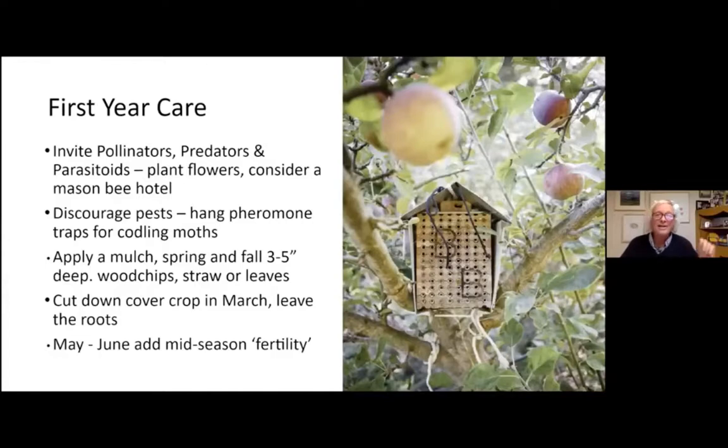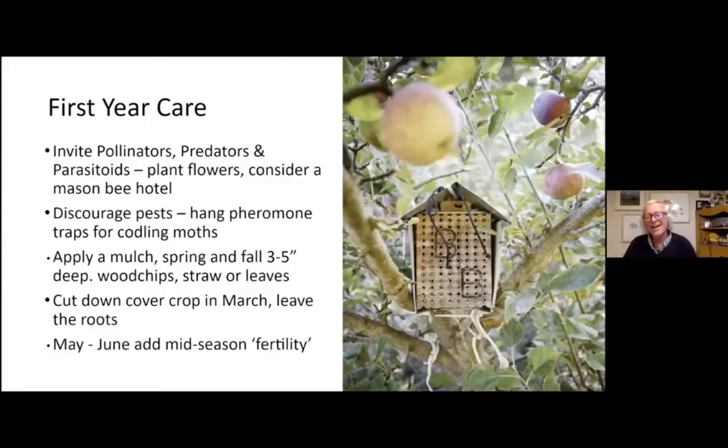It's pollen and nectar, protein and carbohydrates, 2 basic building blocks of any diet. So you can create a lush habitat by planting your yard, your farm, your garden with tiered plantings. You can grow flowers, some of the ones I mentioned previously, and attract these pollinators and beneficial insects.